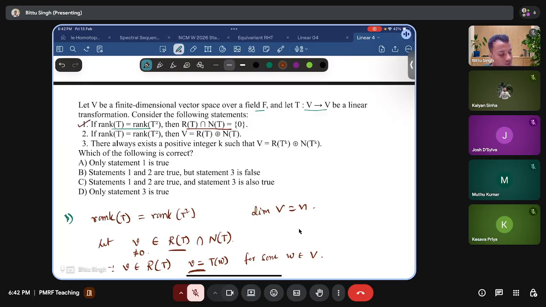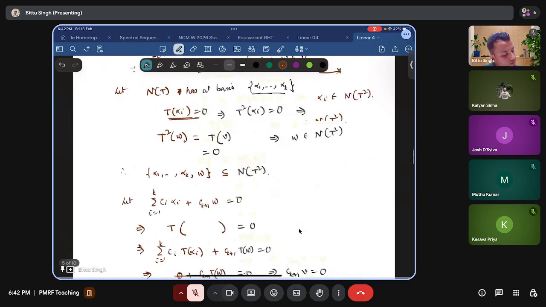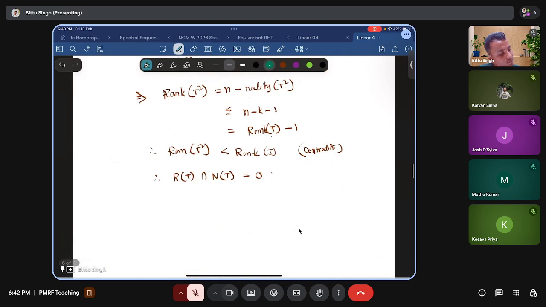And what about the second statement? If rank of T is the same as rank of T squared, then V decomposes as range plus null space. Will it be true? So let us see what happens in this case. Given rank of T equal to rank of T square.